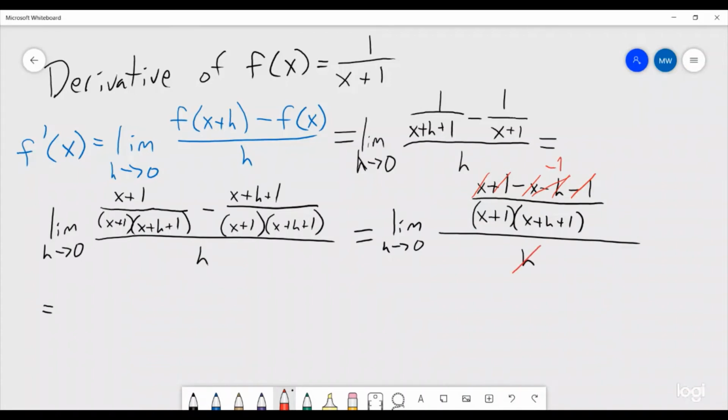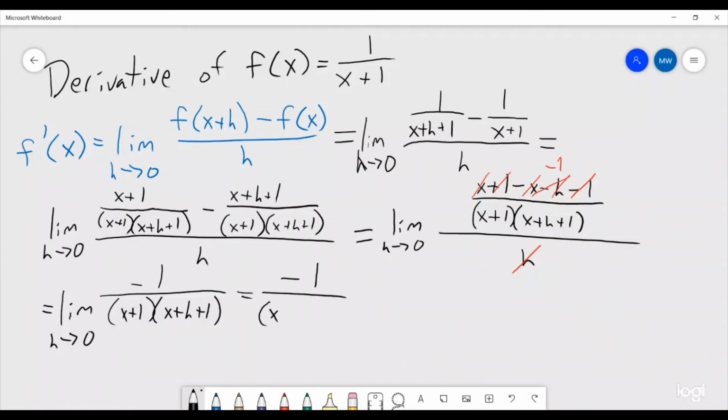So this is now the limit as h goes to 0 of negative 1 over x plus 1 times x plus h plus 1, and this is going to be negative 1 over x plus 1 times x plus 0 plus 1. So this is going to be negative 1 over x plus 1 squared. And so that's how we would be able to use the definition of the derivative.